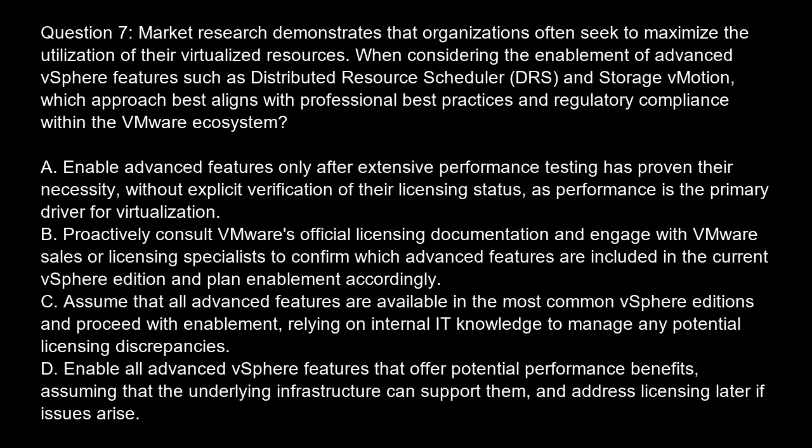Option C. Assume that all advanced features are available in the most common vSphere editions and proceed with enablement, relying on internal IT knowledge to manage any potential licensing discrepancies. Option D. Enable all advanced vSphere features that offer potential performance benefits, assuming that the underlying infrastructure can support them, and address licensing later if issues arise.